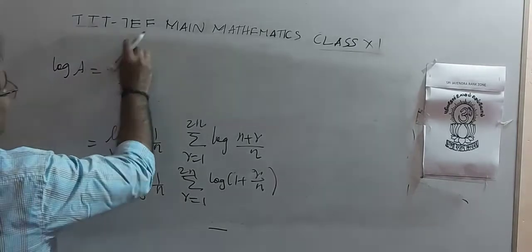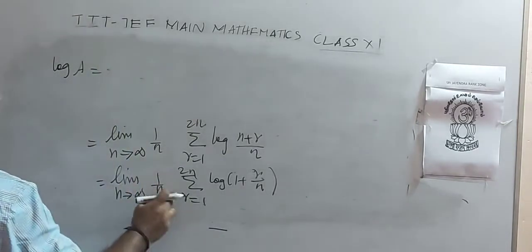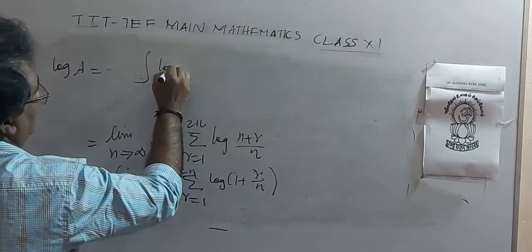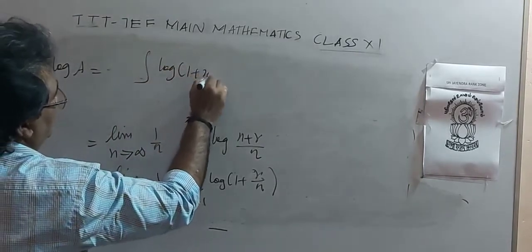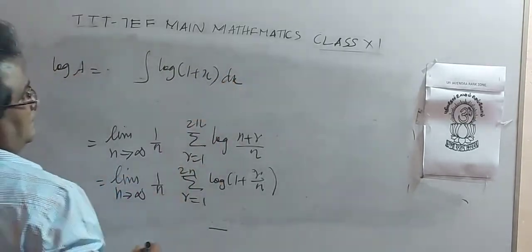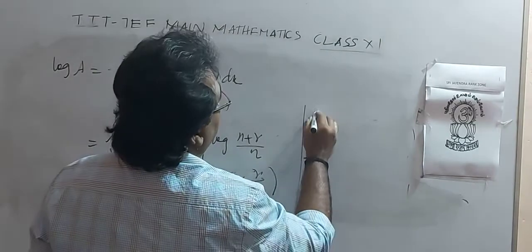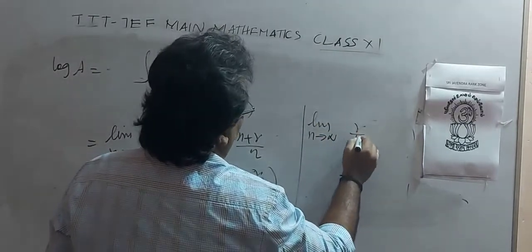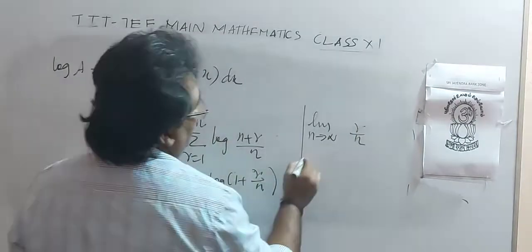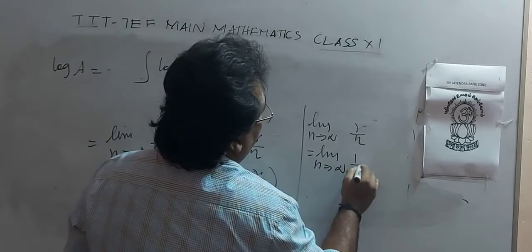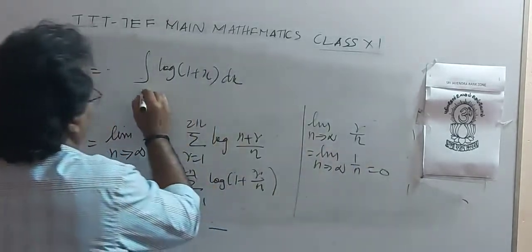So this can be written as, in place of summation, integral; log 1 plus x, in place of 1 by n, dx; limit n tends to infinity r by n. If you take r equal to 1, limit n tends to infinity 1 by n equal to 0. So lower limit is 0.